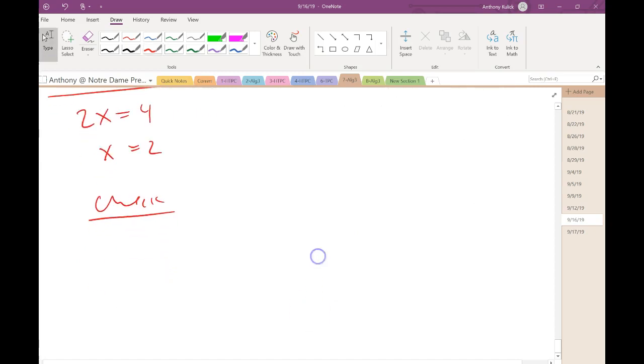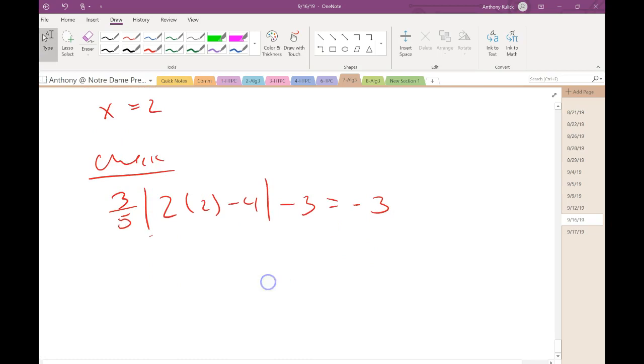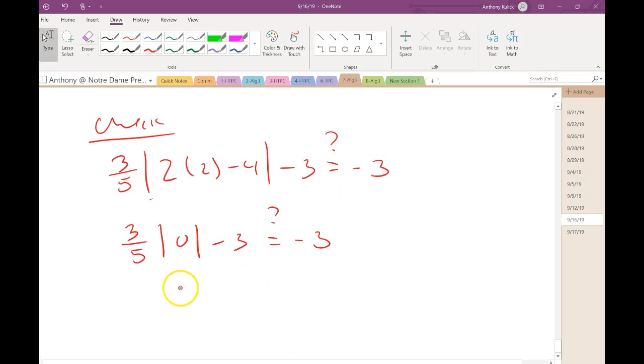And the check here is just a little bit shorter because I only have one value to check. Immediately I see that 2 times 2 is 4, and 4 minus 4 is 0. The absolute value of 0 is 0. 0 times 3/5 is still 0.